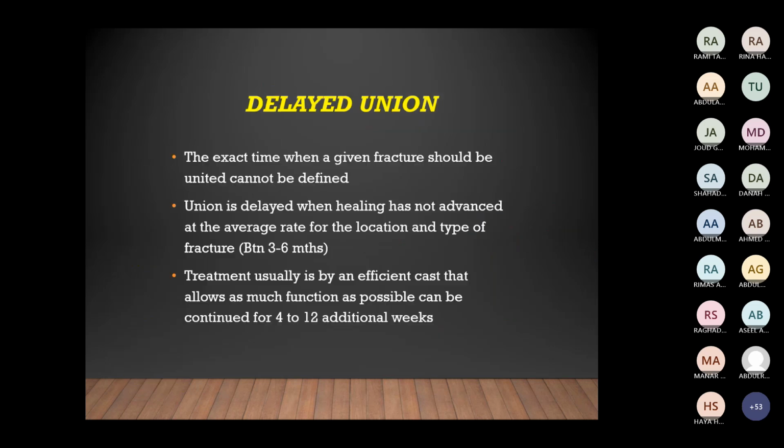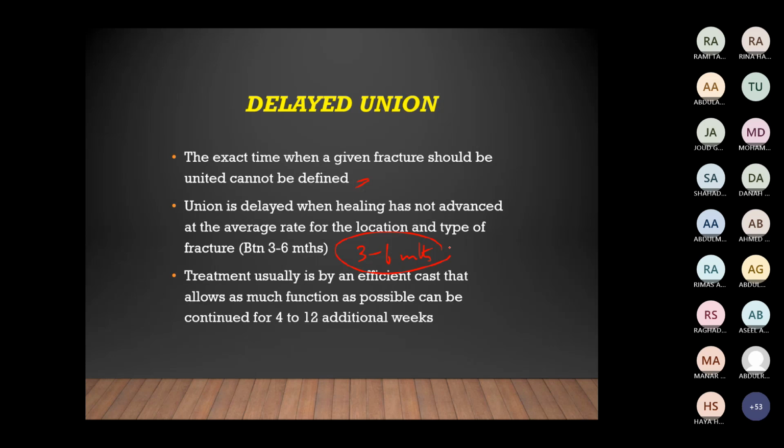It's very easy actually. Delayed union. Why is there delayed union? The exact time when a given fracture should be united cannot be defined, but we can have a tentative time that this particular fracture can take 2 weeks, or 2 months, or 2.5 months. Union is delayed when healing has not advanced at the average rate for the location and type of fracture, that is between 3 to 6 months.